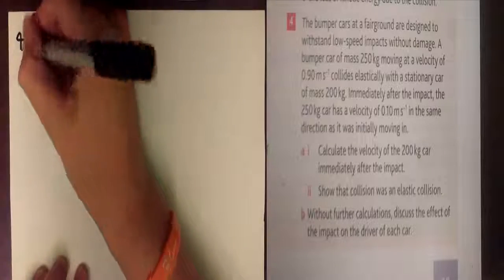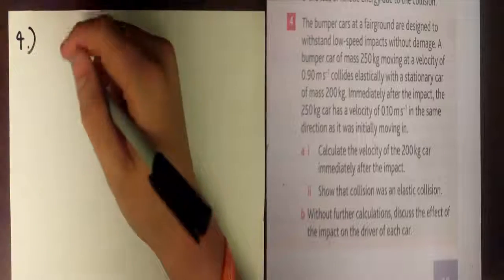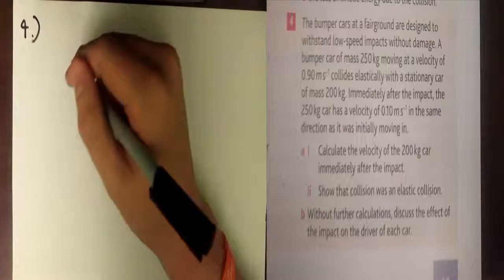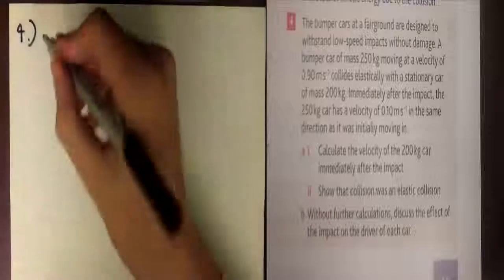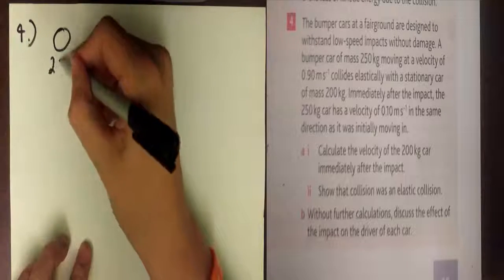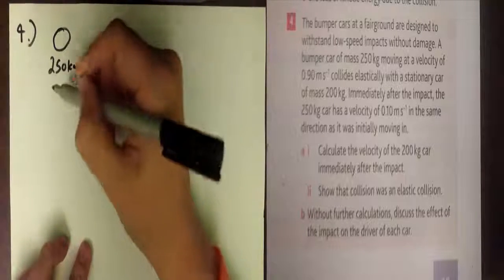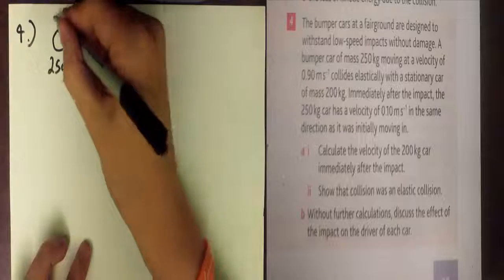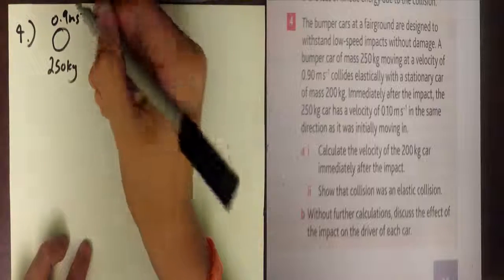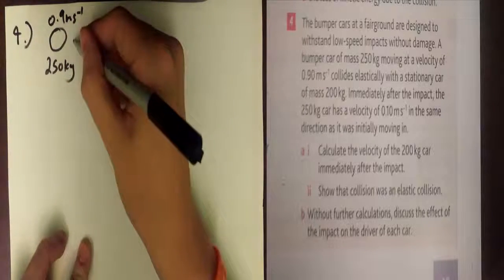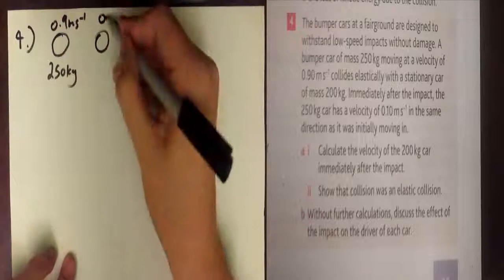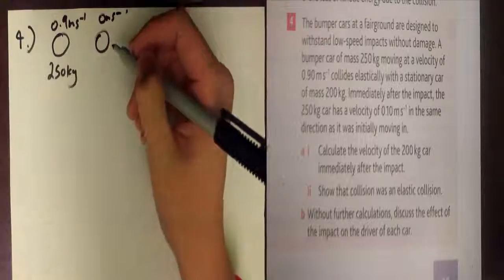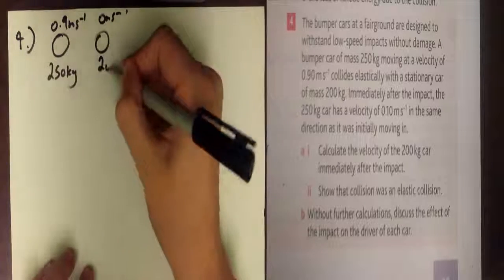Question 4. The bumper cars at a fairground are designed to withstand low-speed impacts without damage. A bumper car of mass 250 kilograms, moving at a velocity of 0.9 meters per second, collides elastically with a stationary car, so 0 meters per second, of mass 200.